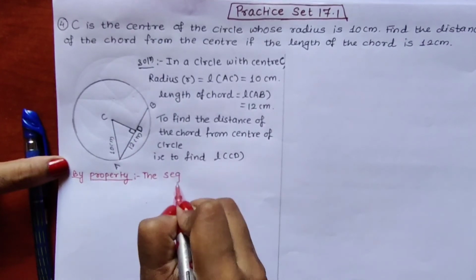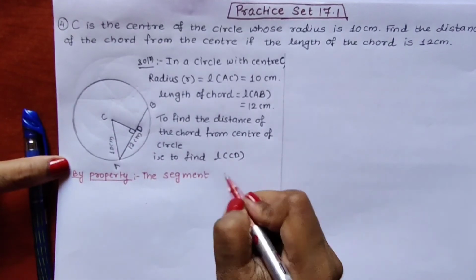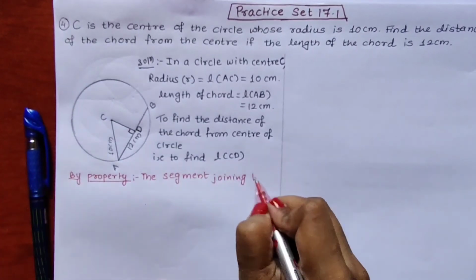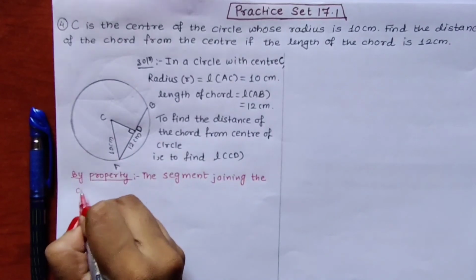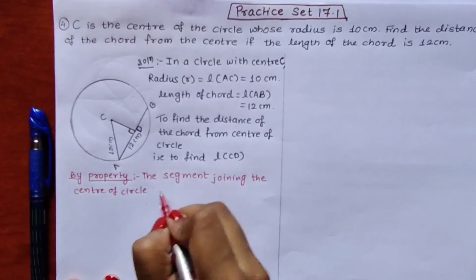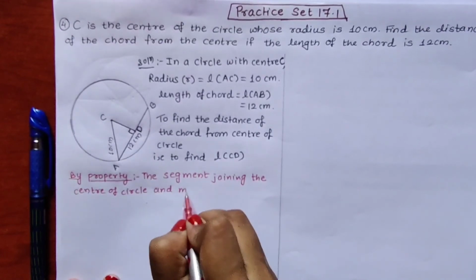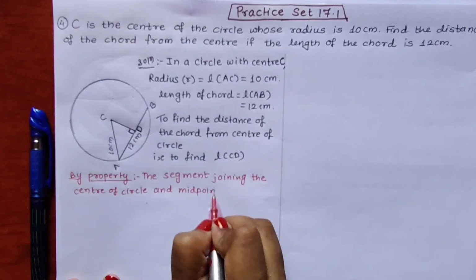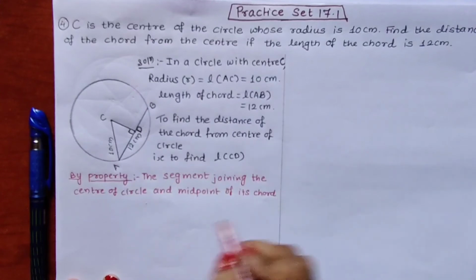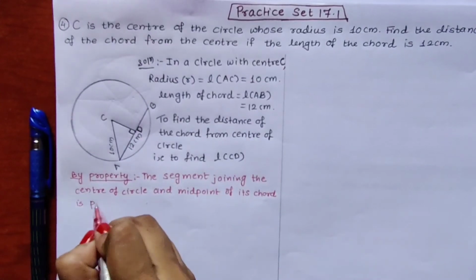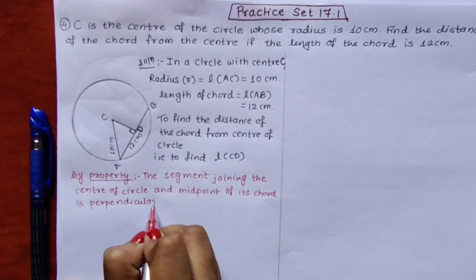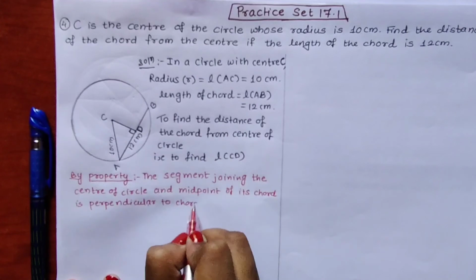The segment joining the center of the circle and midpoint of its chord is perpendicular to the chord.